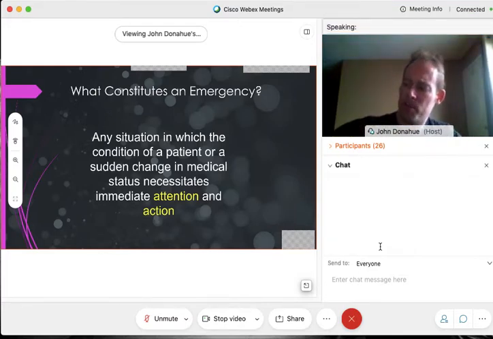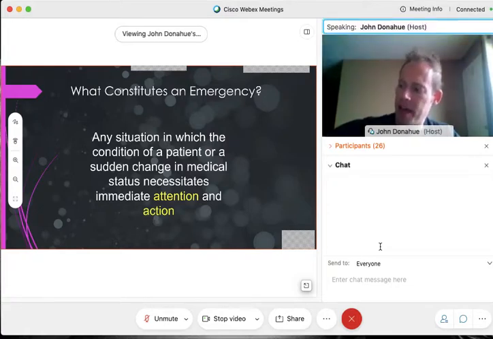So we're going to focus on those specific emergencies today and break them down, talk about many of the materials that we will use, many of the equipment pieces that we'll use to help reverse those emergencies and save our patients' lives and give the best care possible.